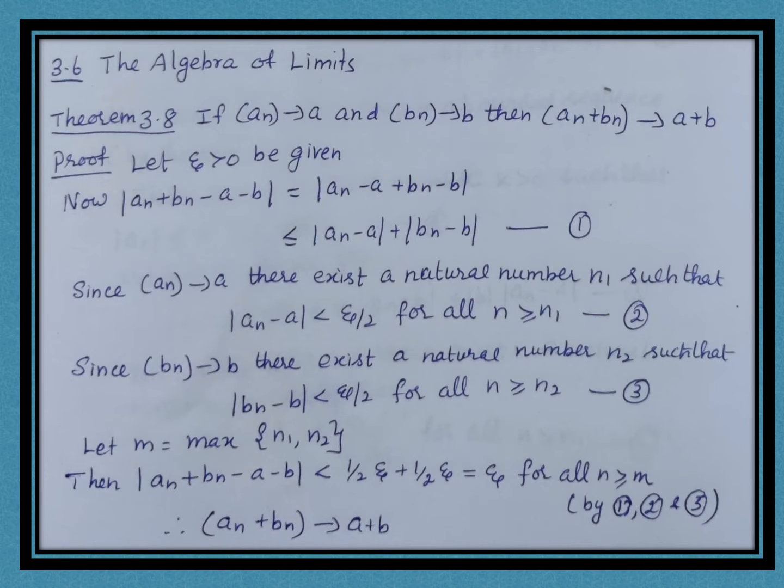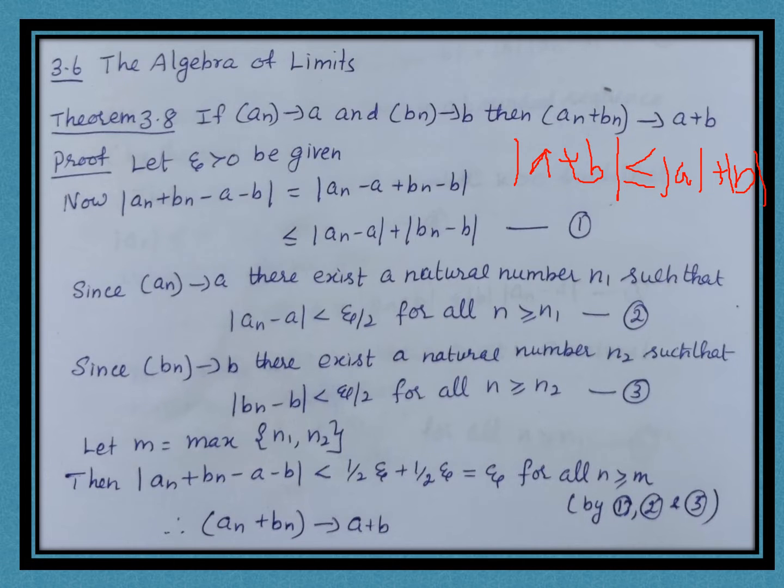What is that factor? Now, we know that the absolute value of a plus b is less than or equal to the absolute value of a plus the absolute value of b. This is the property of inequality.